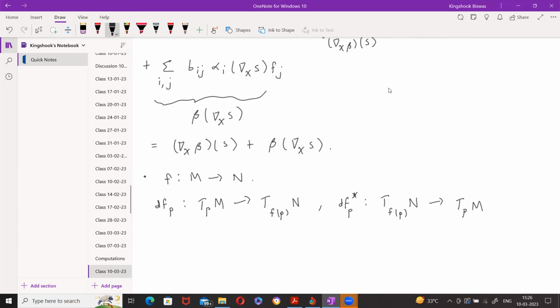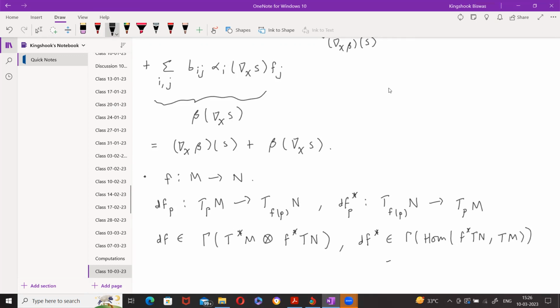Sorry. Okay. So DF is a section of T star M tensor F star of TN. Whereas what is DF star? So this is what? This is Hom of the fiber of the pullback bundle, F star of TN, going to TM, right?